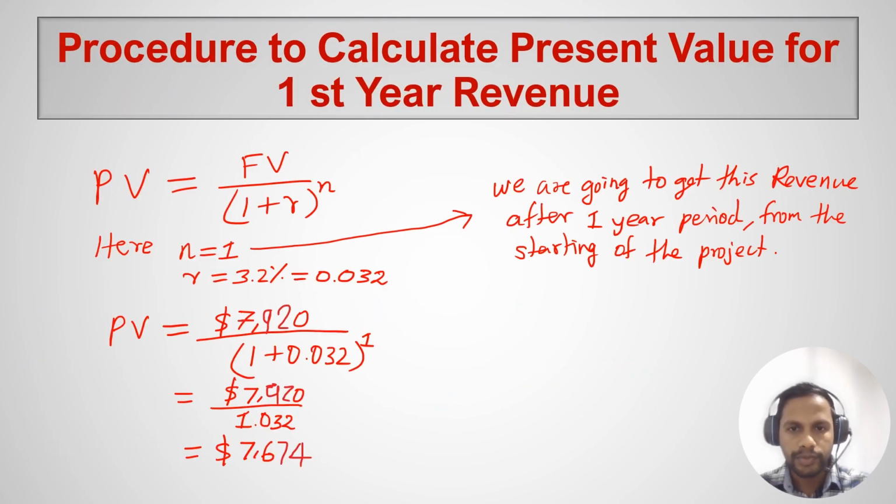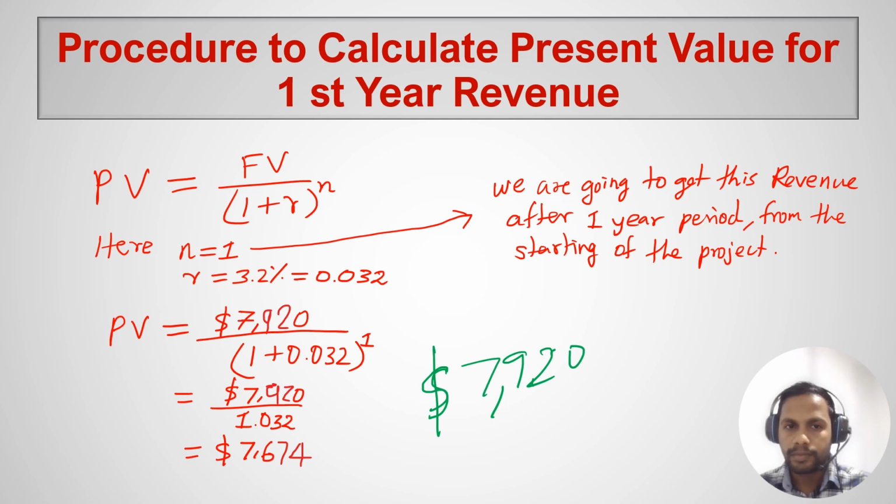Here I put one simple example. If you want to calculate the first year revenue, $7,920 is your first year revenue. If you want to bring that to the zeroth timeline, what is the present value for this first year revenue?